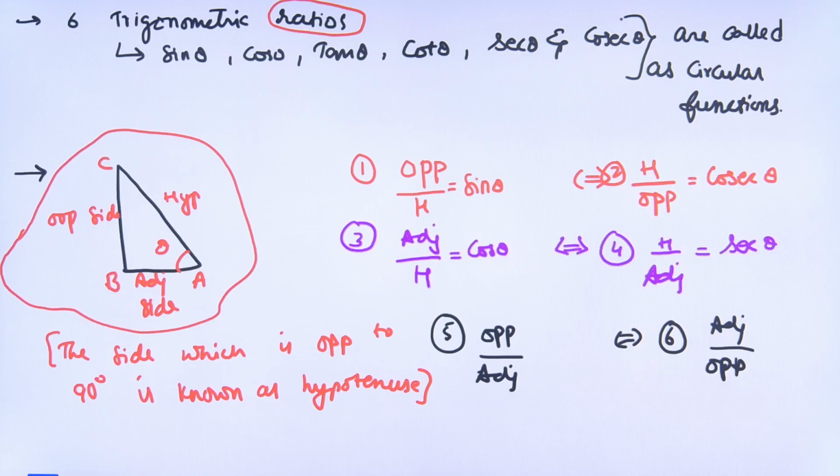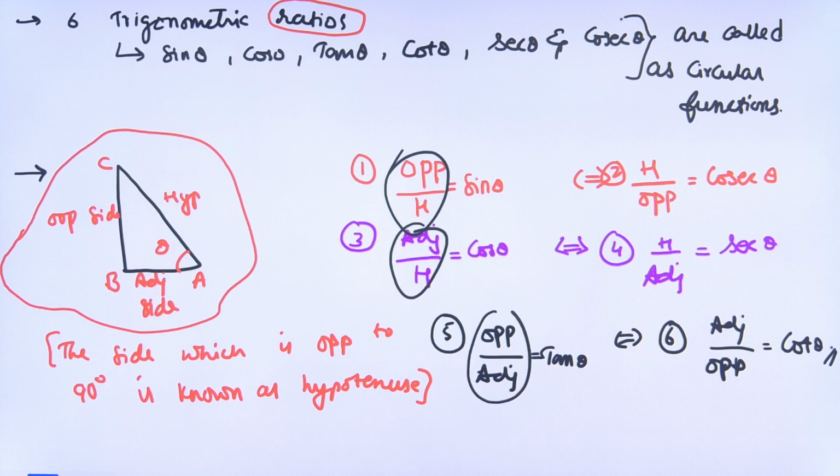This is called tan theta, and the reciprocal of this will be cot theta. So just six ratio combinations are possible. That's why we have only six trigonometric ratios. Clear with this point, everyone?